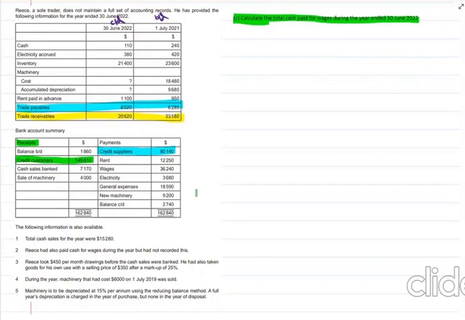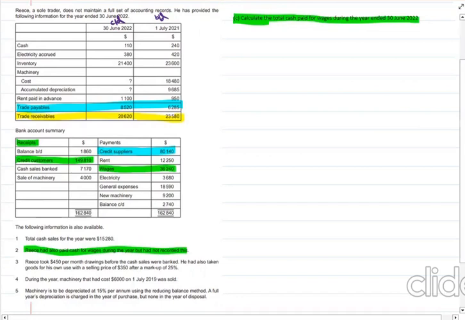Do we have any details about wages in this question? Just search. Yeah, we do have, no? Where are these details? That's point two, and then there is one in the bank account summary. This one, this one, and what else?